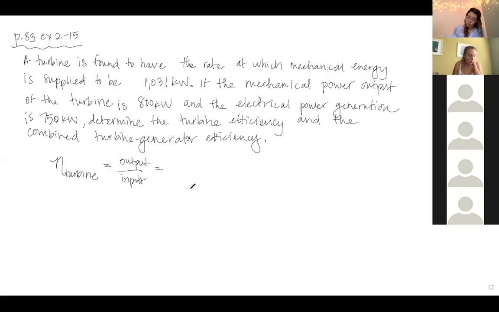In the reverse of the last example problem, with a turbine we're actually trying to generate power. We're trying to transfer power from the system to the surroundings. So for this one, our output is going to be our work done over time. For this one, it's shaft work because it's just the turbine.